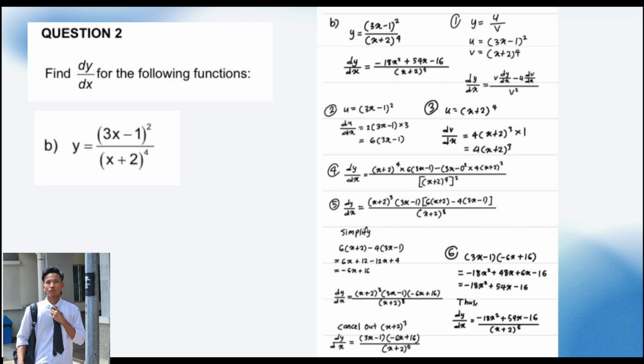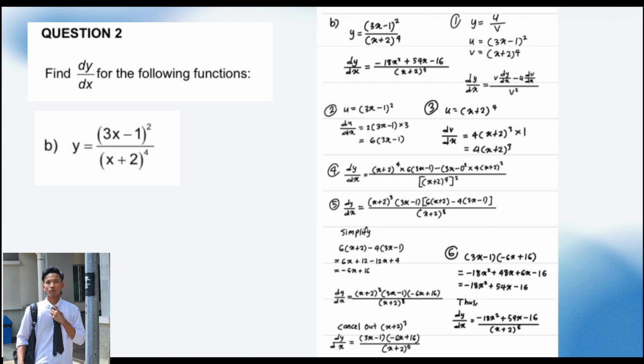Question B. Number 1. Apply the quotient rule, given y equals u over v, where u equals (3x minus 1) squared and v equals (x plus 2) to the power of 4.